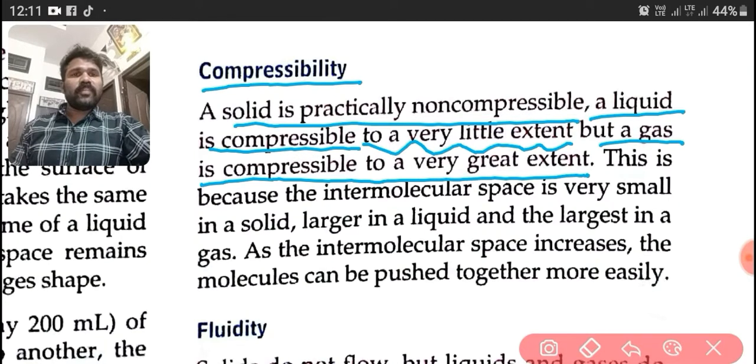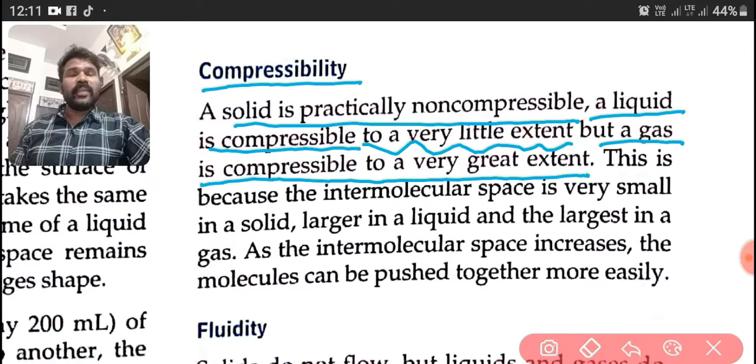This is because the intermolecular space is very small in a solid, larger in a liquid and largest in a gas. This compressibility is actually related to intermolecular space. We know that in a solid, intermolecular space is too small.